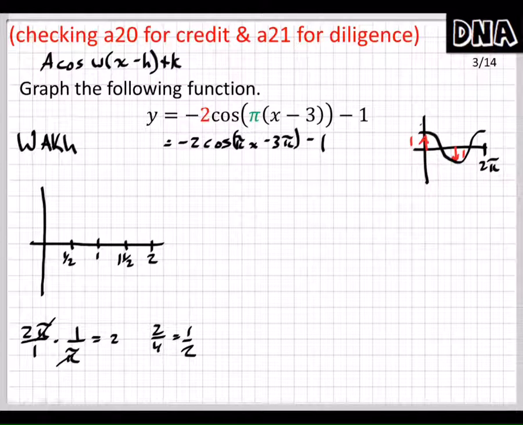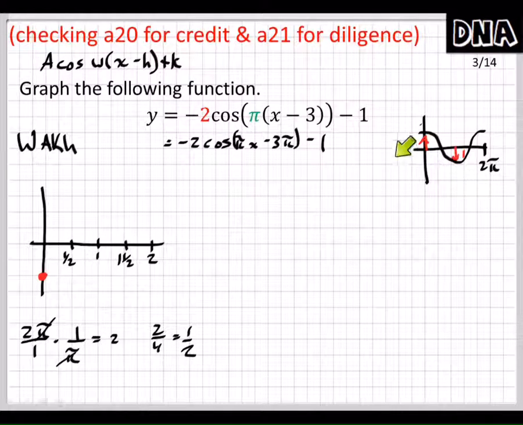So I'm going to go 1, 2, and I put a dot right there. But wait a second. There's a negative right there. What does that do to my function? It flips it. So instead of us starting on the 2, we're going to start on a negative 2. So we're going to go down 2 and put a dot right there. And then you follow the pattern.